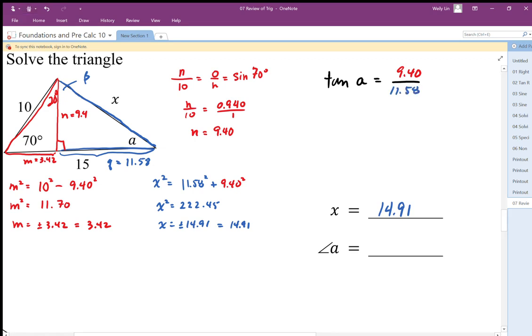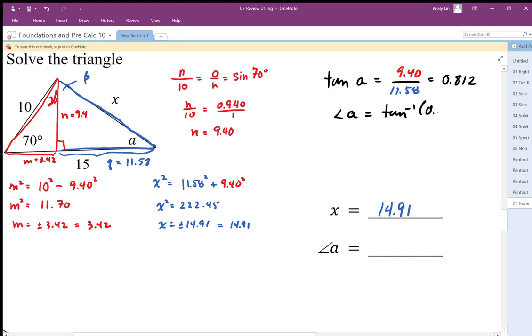I'm just going to work out that decimal first, and then I'm going to undo that. So 9.40 divided by 11.58 gives me a tan ratio of 0.8117, which I'll round to 0.812. I'm going to undo that ratio and come up with an angle, so I need to use arctan.